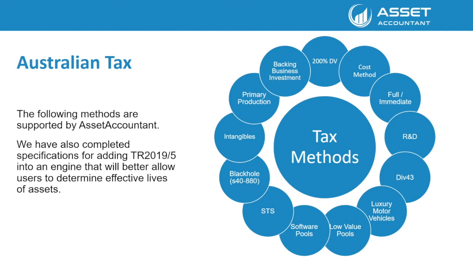We have low value pools, software pools, and small business pools. We have separate methods for black hole expenditure and intangibles. You can tag assets for primary production for disclosure in the tax return. And we've just recently released the backing business investment accelerated depreciation methods that will allow you to claim the 50% of assets up to $150,000 upfront where you're eligible.